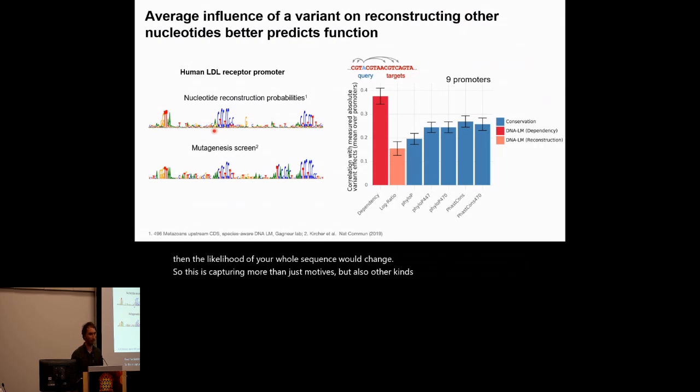But why would the DNA model capture this? Why would it have captured this kind of dependencies? From looking at a huge amount of sequences where these nucleotides have been seen in specific contexts.